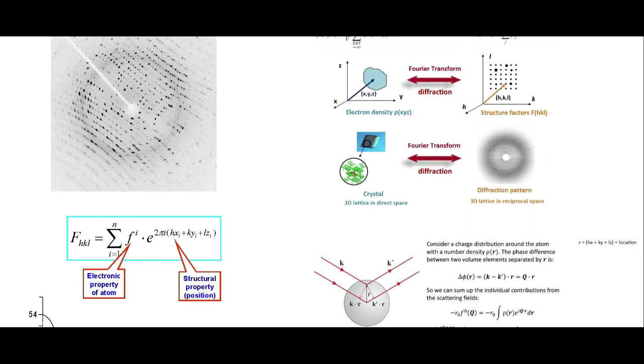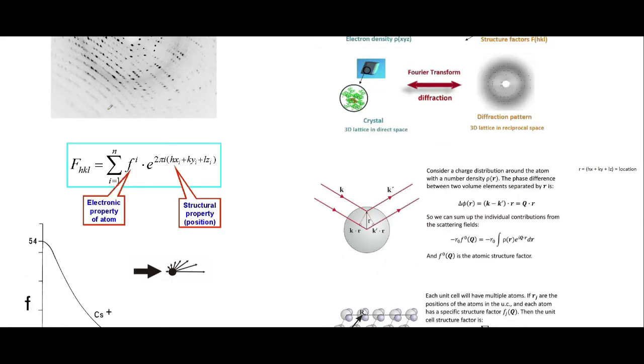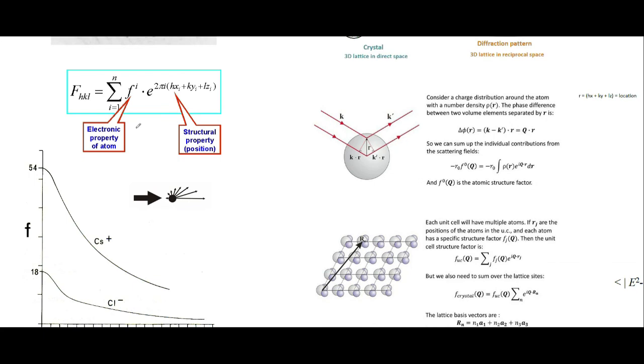So the dots you can see are sort of darker and wider, or you might get lighter, smaller dots. And so what we want is this atomic structure factor, which is this part here of our Fourier transform.